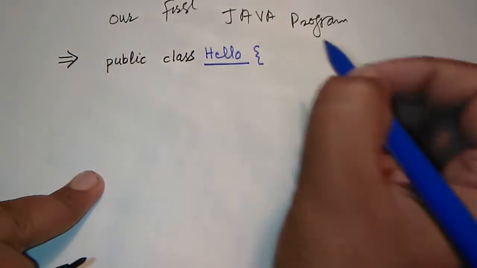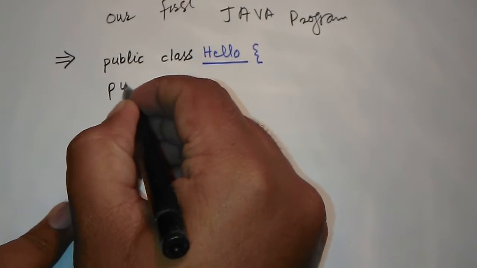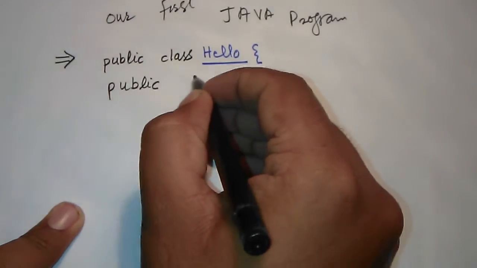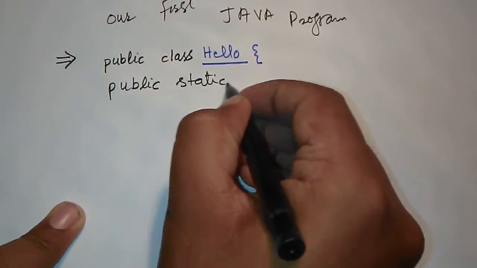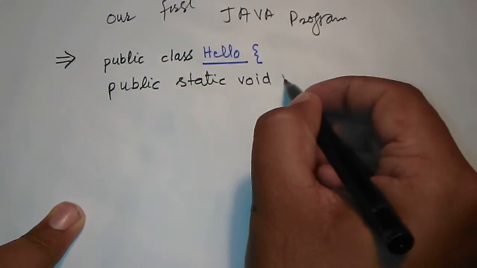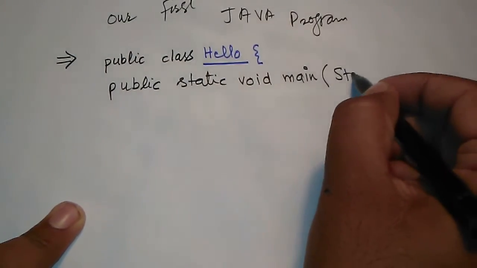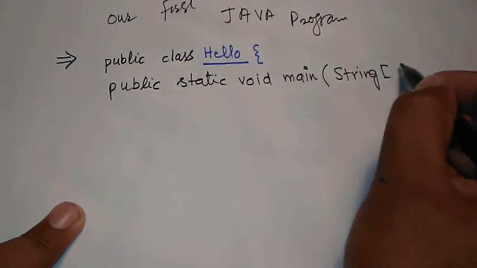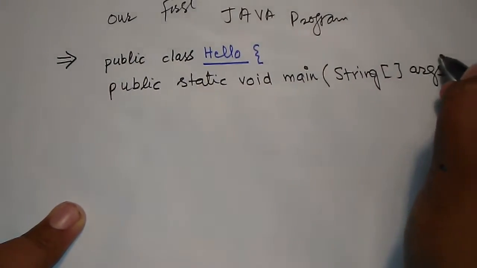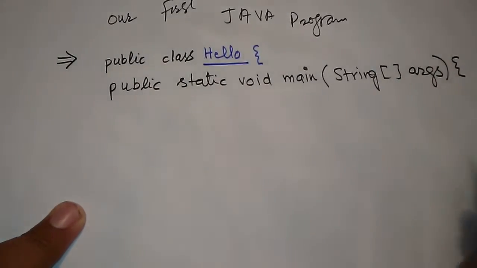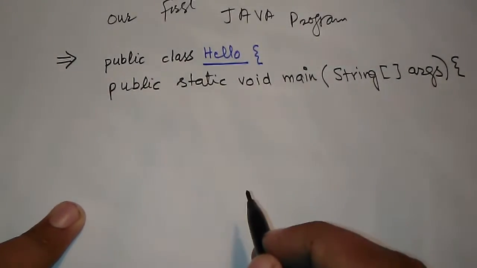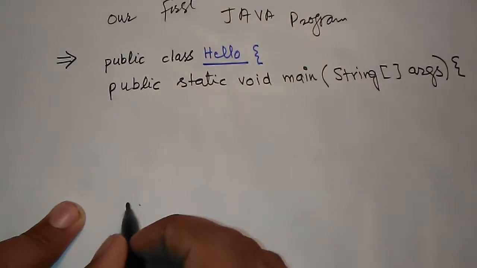Here I have to start this class, and the second thing we need to write is public static void main, string args, and here we start.